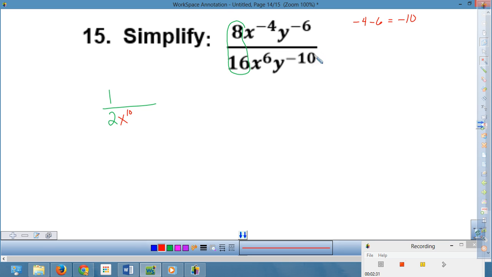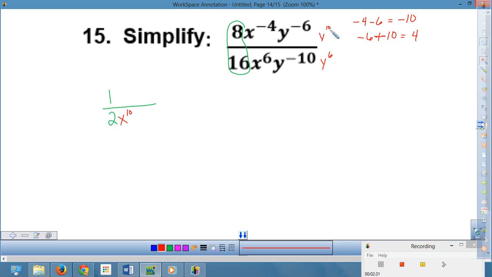Okay, this one's a little bit trickier because it's really telling you to move. You want to put the y to the 10th up here, and bring the y to the 6th down here. Or you could do negative 6 minus negative 10. Make sure you put both negatives in there, and then that gives you a plus. Negative 6 plus 10 is positive 4.